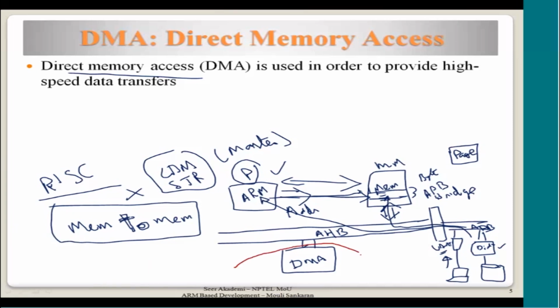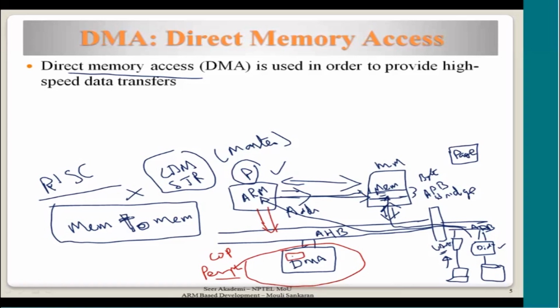So what the DMA does, the processor accesses this as another module on the bus. It could be another coprocessor or it could be implemented in any way you want, but these registers could be accessed as a peripheral also. That means it is part of the memory. These registers are mapped to a particular part of the memory.